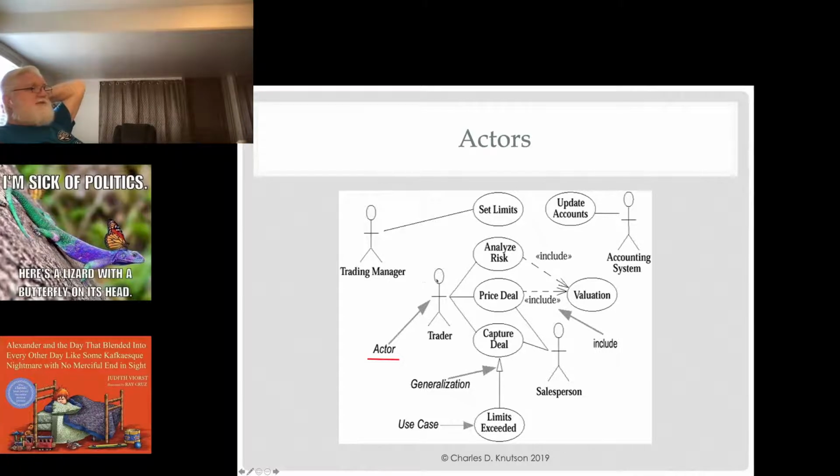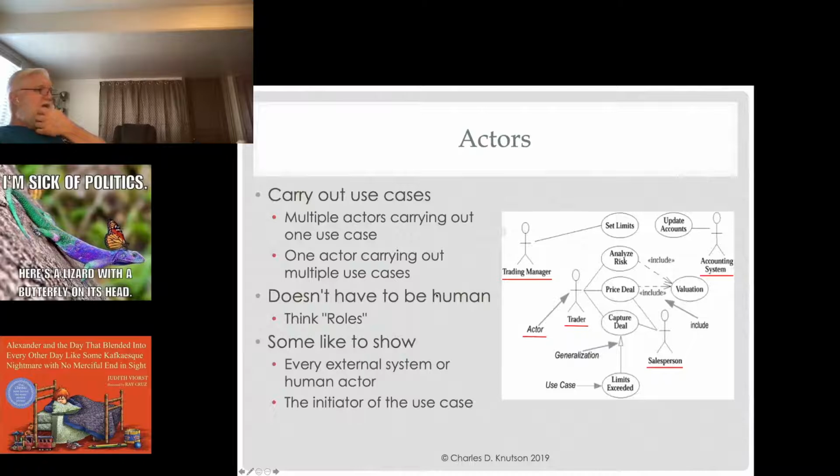Then here come the actors, stick figure dudes. There they are. The actors are the ones who are doing the thing. They carry out the cases. And it can be multiple actors dealing with a single use case. Also, in some instances, one actor can carry out multiple use cases. It doesn't have to be human, it could just be roles. So the actors could be other systems interacting with your system, right?